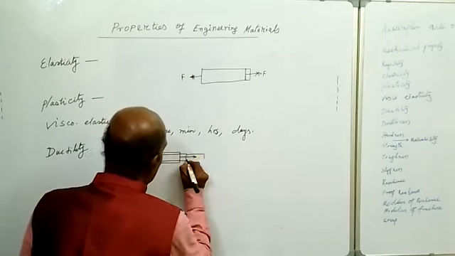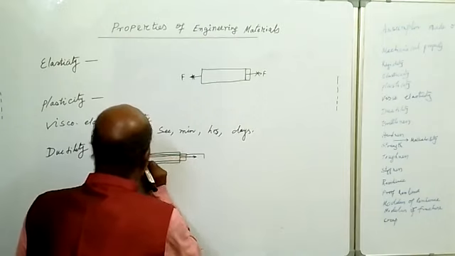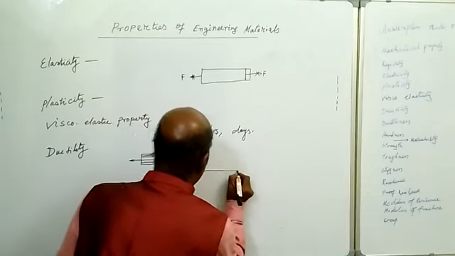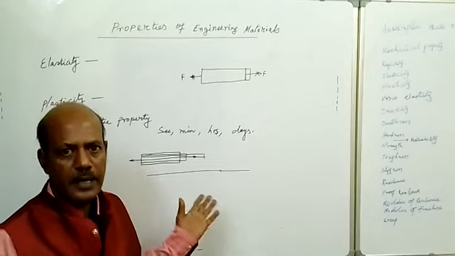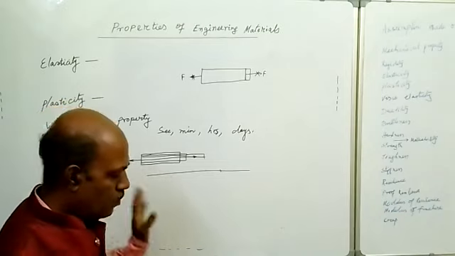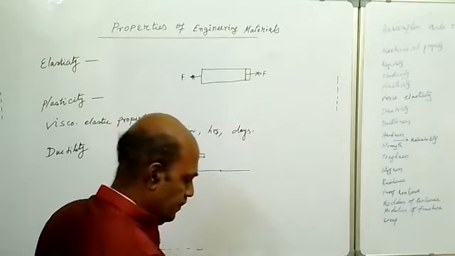Under this load, the body will carry on elongating to a thin wire without any crack formation. So this property is called the ductility.